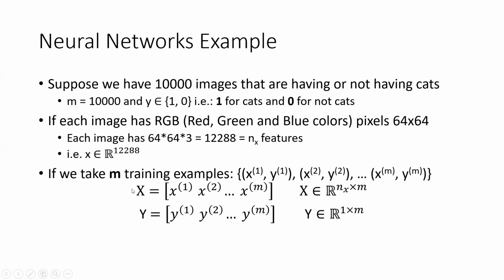In here we are using capital letters for x and y because those are matrices. In this case, x1 can be a vector in the vertical direction, x2 can also be a vector, xm can be a vector. But y1 is a scalar, because its dimension is 1, as it is either 0 or 1, a binary value. Y2 is also a binary value, Ym is a binary value.